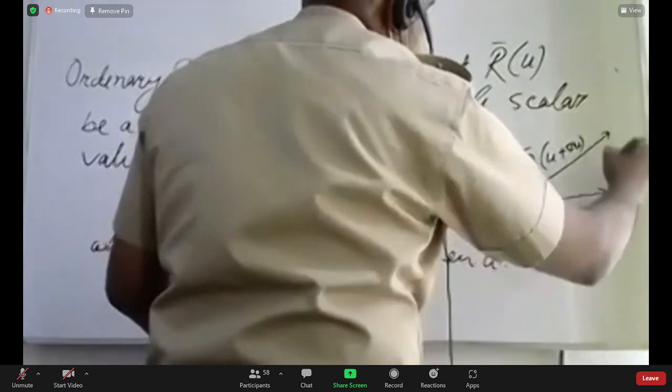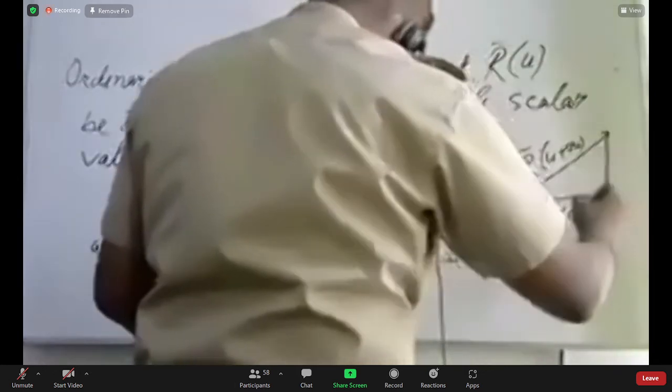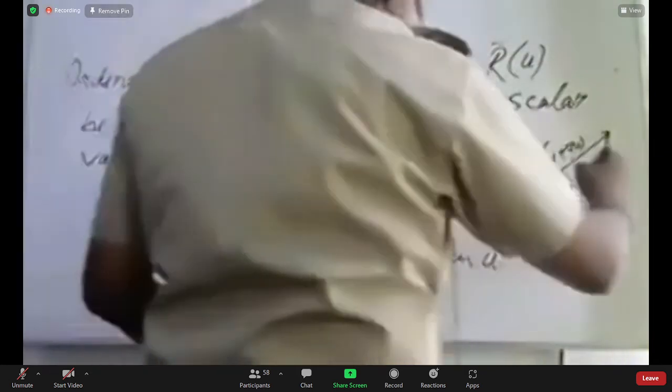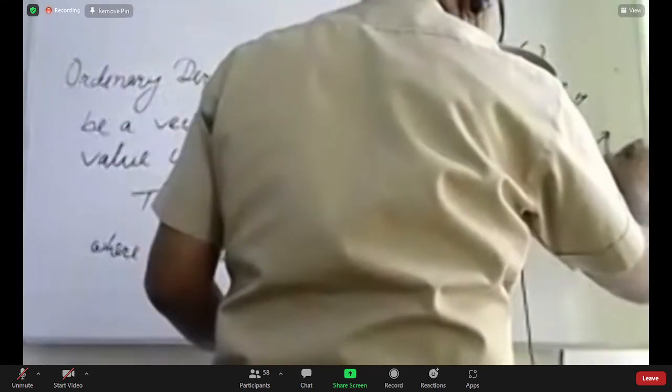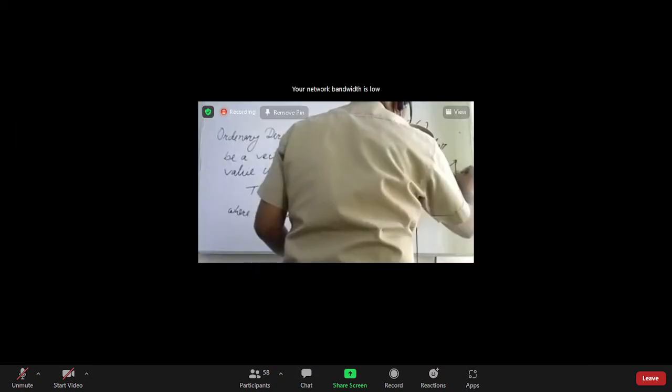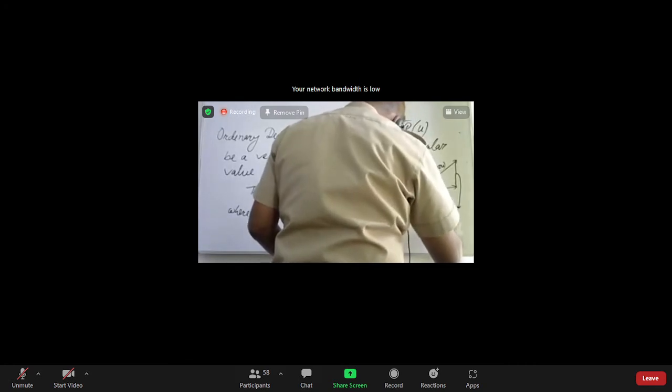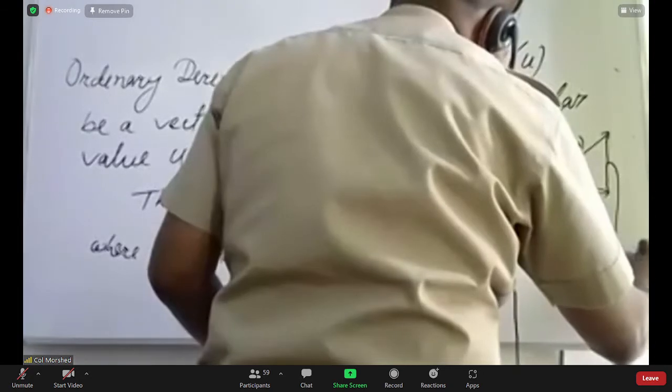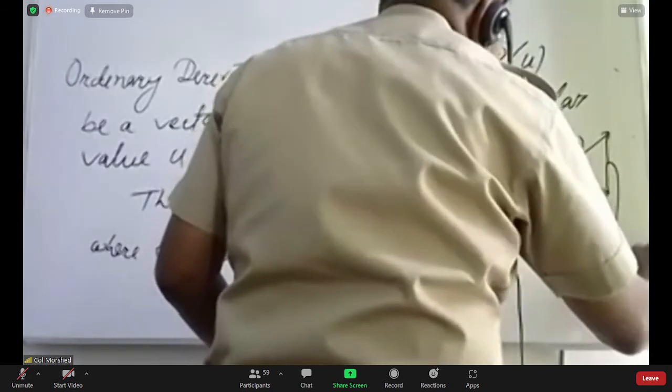So this will be the increment delta r. This part, the increment delta r, is equal to r(u plus delta u) minus r(u).